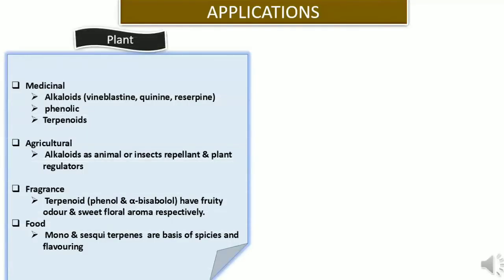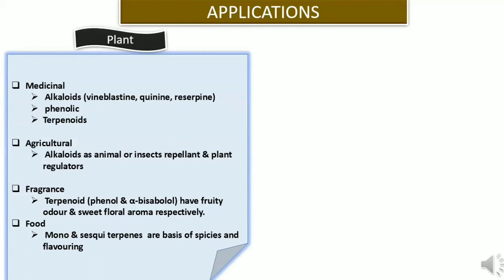And then for the applications, I will start with plants. Secondary metabolites can be used for various purposes such as medicinal, agricultural, fragrance, and food. For medicinal purposes, examples of secondary metabolites are alkaloids, phenolics, and terpenoids. Examples of alkaloids are vinblastine, quinine, and risperidone.